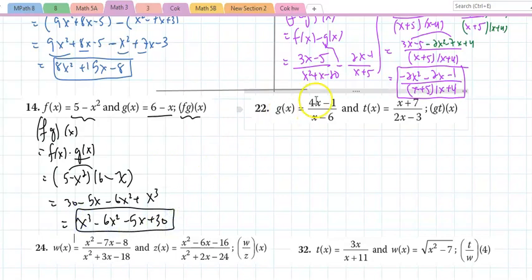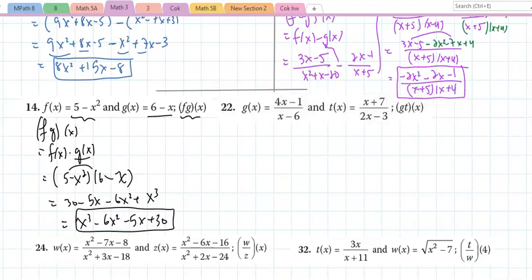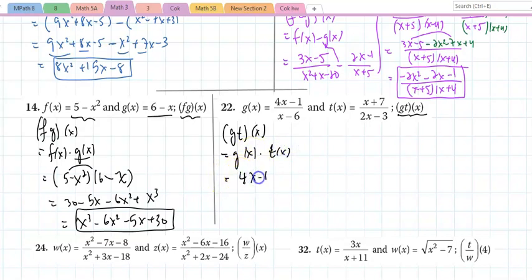If I take number 22 and apply the same rule on it, they want g times t operated on x. That's g of x multiplied by t of x. Well, g of x is 4x minus 1 over x minus 6.